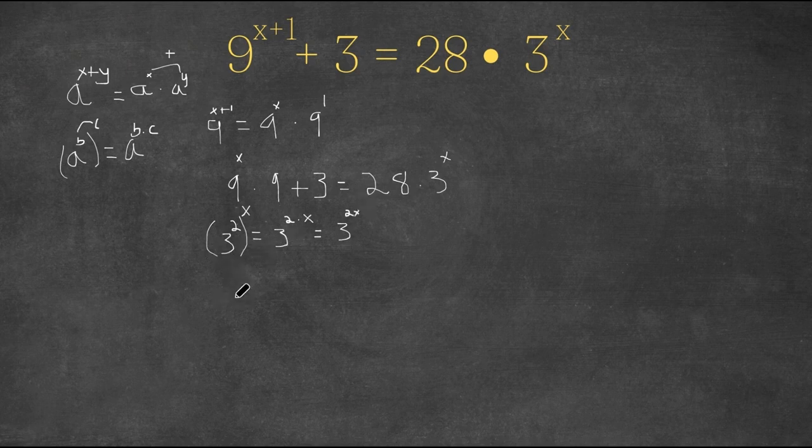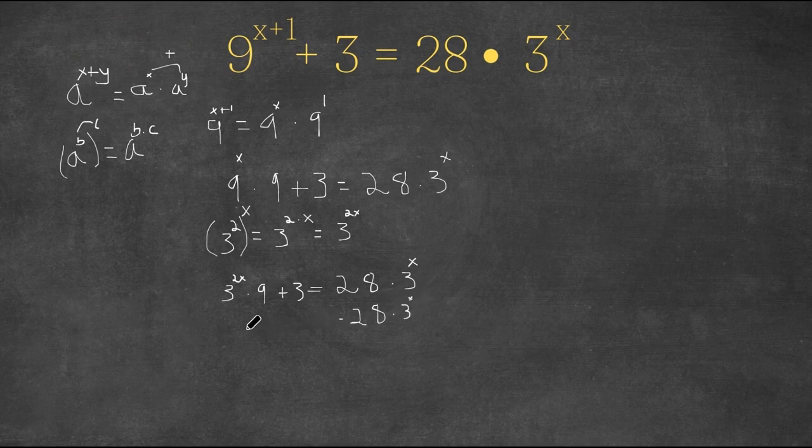So now we can rewrite our equation as 3 to the power of 2x times 9 plus 3 equals 28 times 3 to the power of x. All right, so now we're going to subtract 28 times 3 to the power of x on both sides.